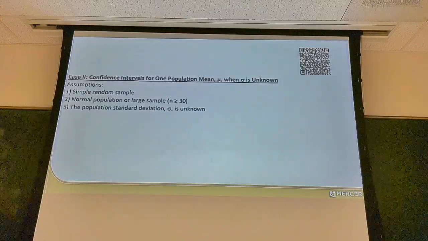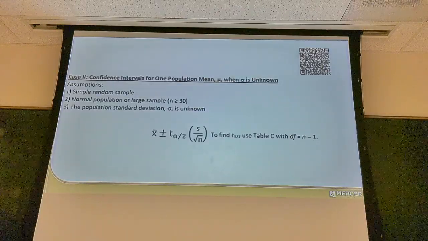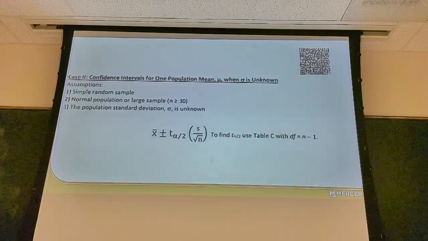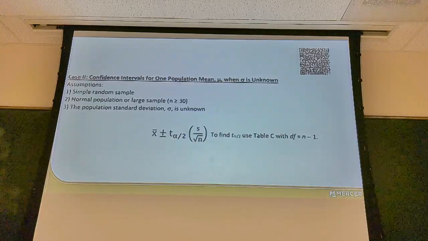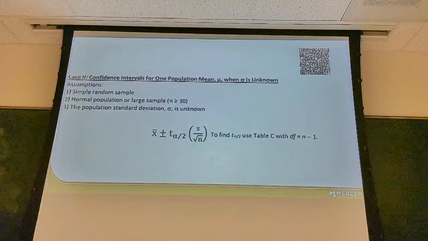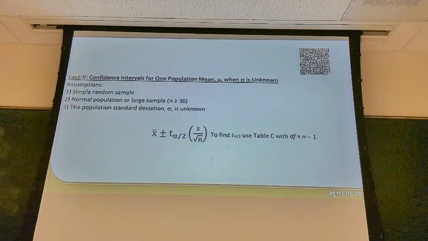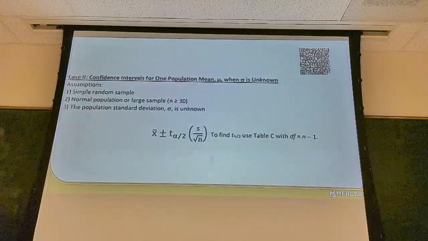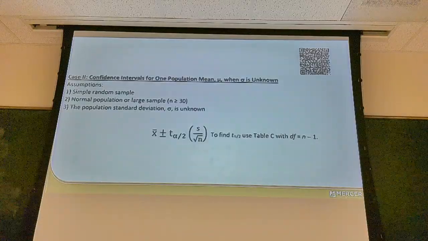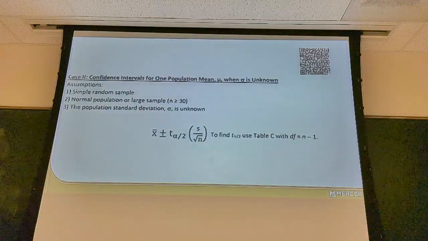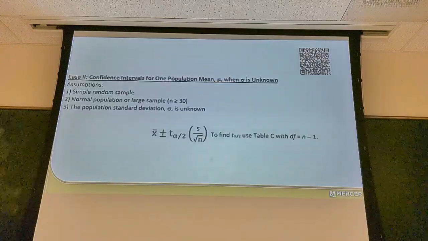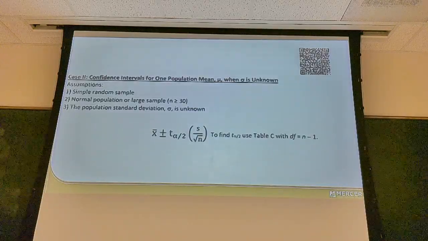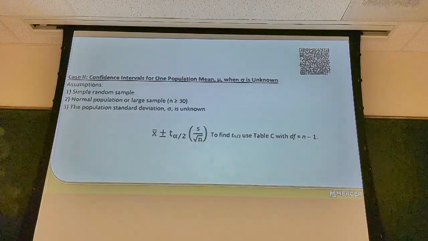Then the confidence interval will be given very similar, right? X bar plus or minus T sub alpha over 2 times S over root N. T alpha over 2 is the critical value for the associated confidence level and degree of freedom.